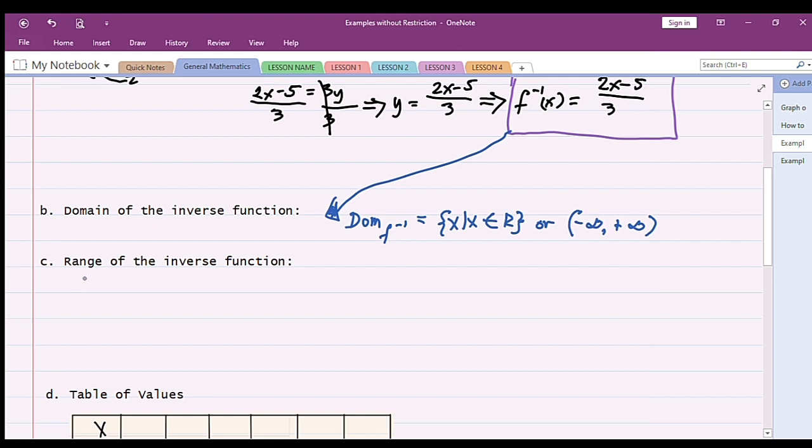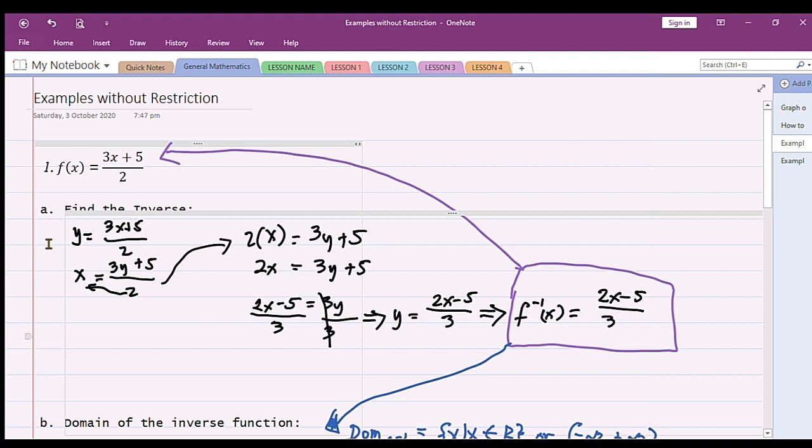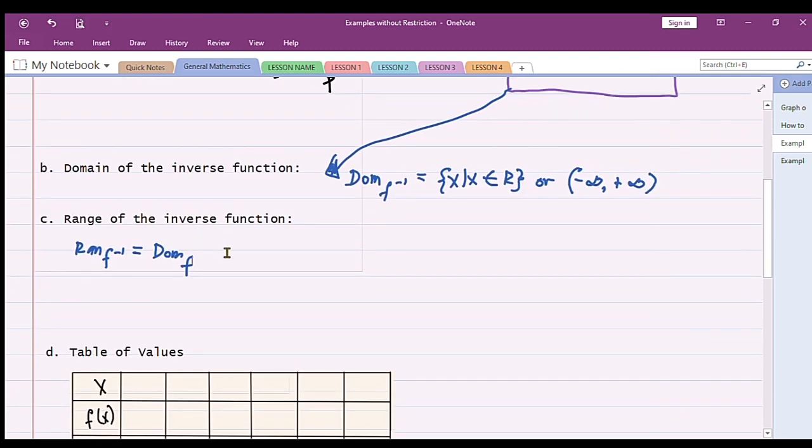How about the range? We all know that the range is equal to the domain of f. So we look at the domain of our original function, and we see that this f of x is a kind of linear function. Therefore, the range of this one is also the set of all real numbers.